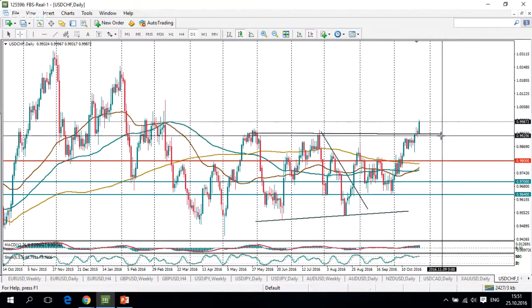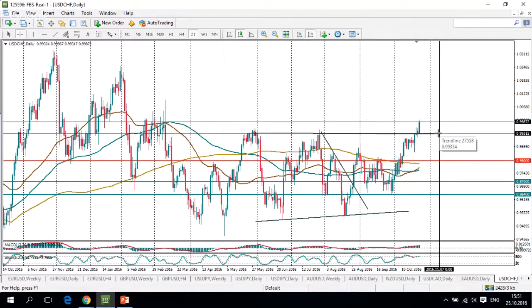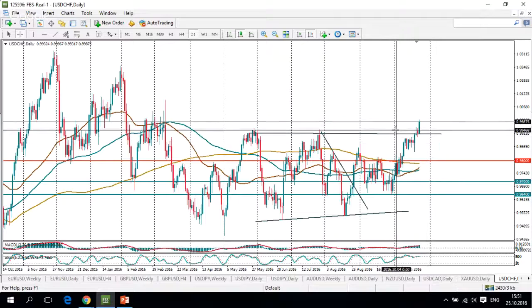These levels, as well as 0.9920 and 0.99, act as support for the pair, as US dollar Swiss franc has an inverse correlation with the euro dollar. So we can say that the outlook for the pair is bullish, and the pair is moving towards the 1 franc per dollar mark, and probably even higher.